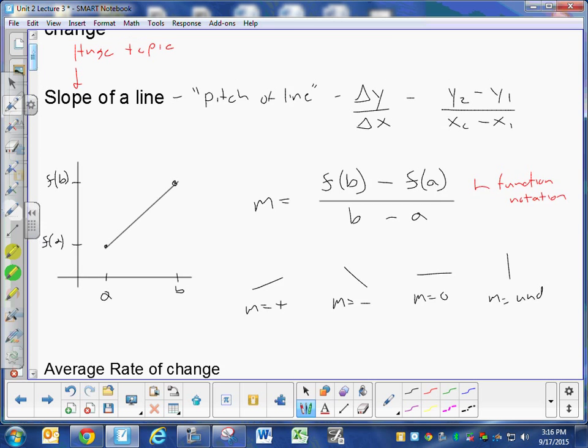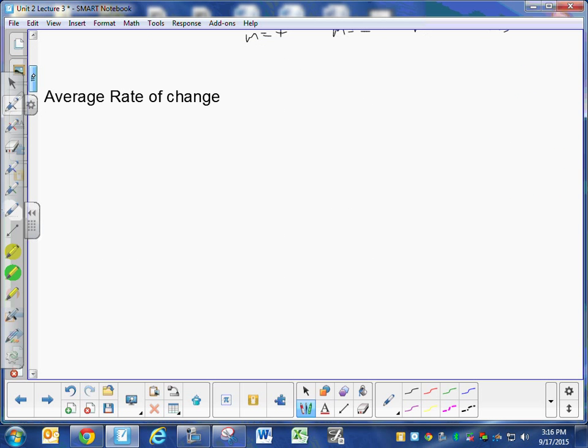Let's also define the average rate of change of a function over an interval. We'll use AROC, short for average rate of change.